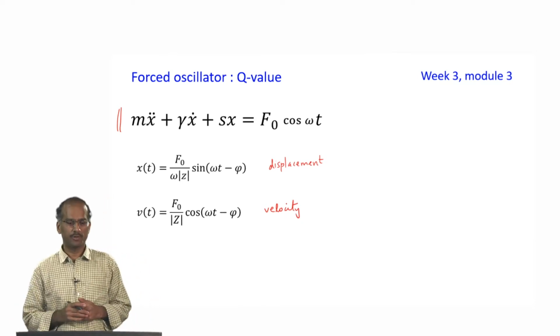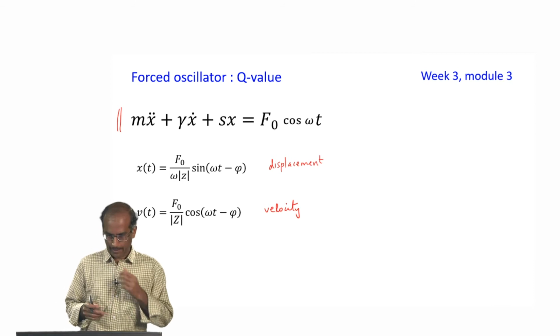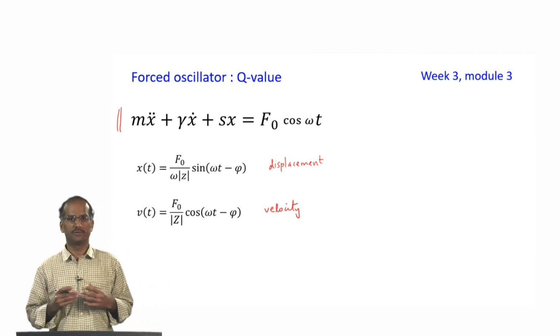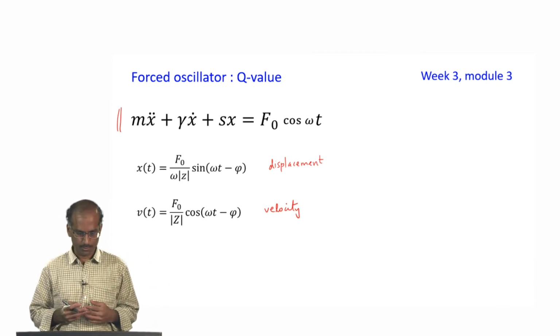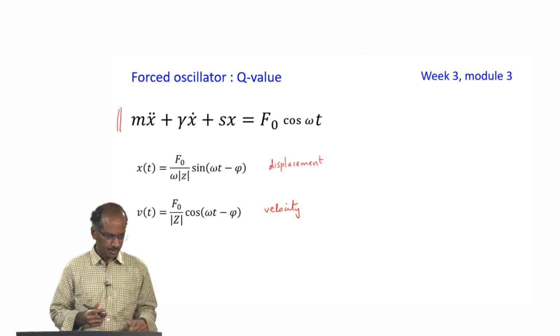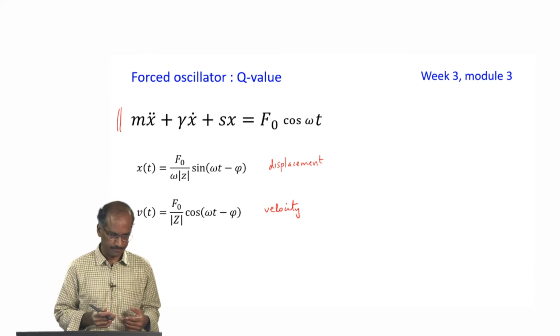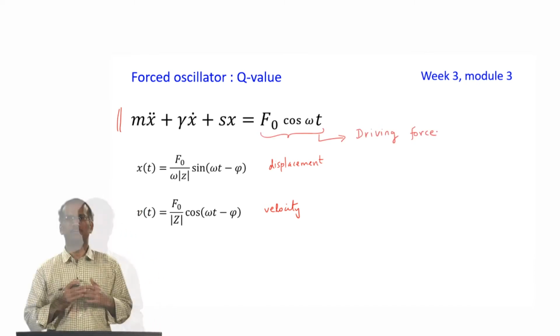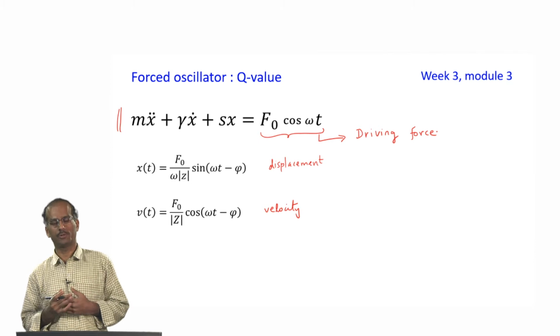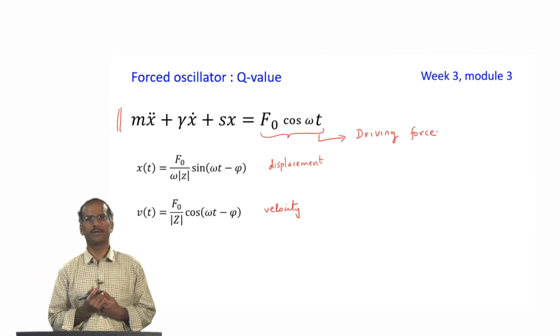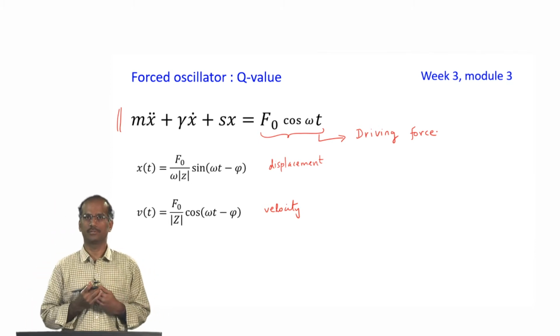So, even before I get to the Q value, the first thing that I would like to do is to compute the power supplied to the oscillator by the driving force. So, if I am driving by this force F0 cos omega t, how much power am I giving to the oscillator?